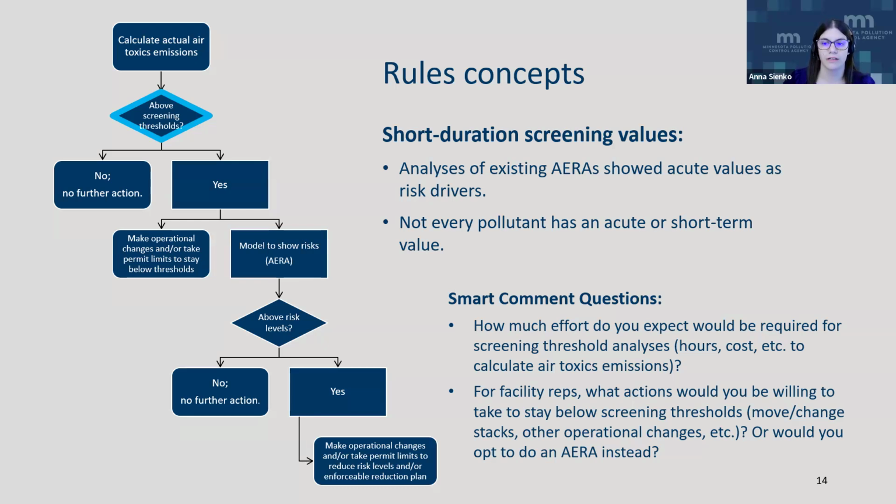Looking at past air emission risk analyses, or ERAs, we found that out of the inhalation risks, which would be acute, subchronic, chronic, and cancer, acute was a driving risk, followed by the cancer inhalation risk, which would already be accounted for by looking at those chronic screening values.